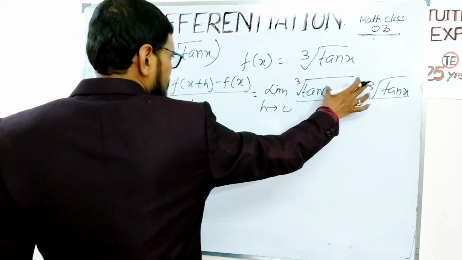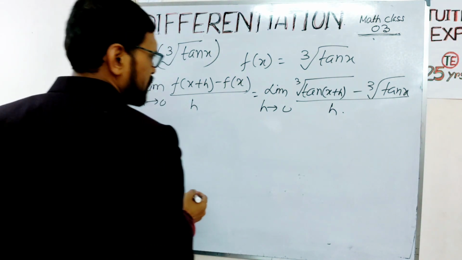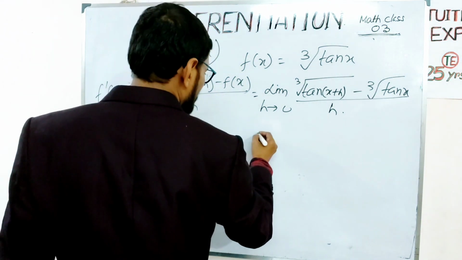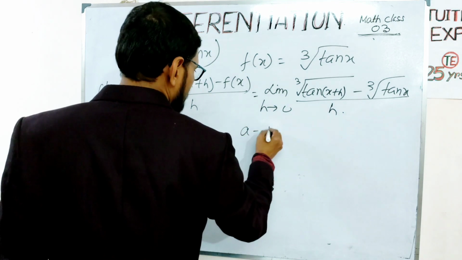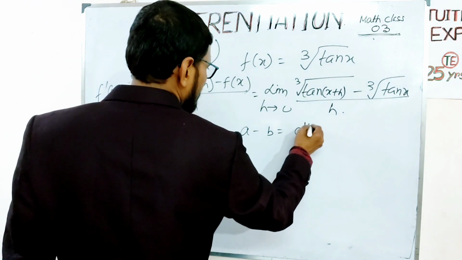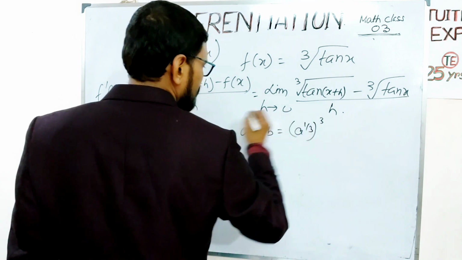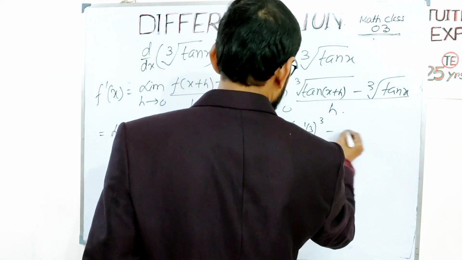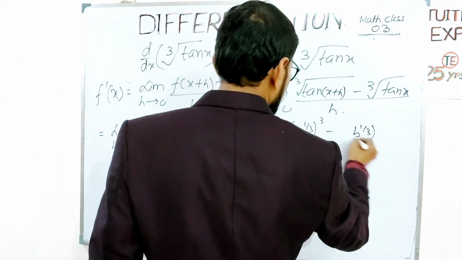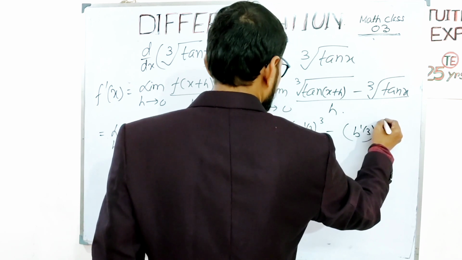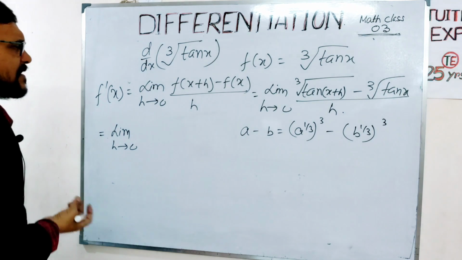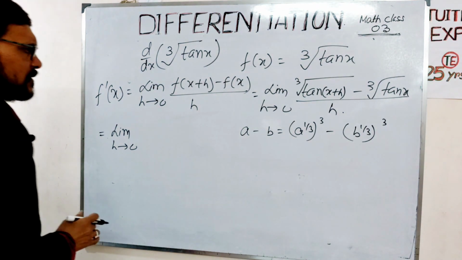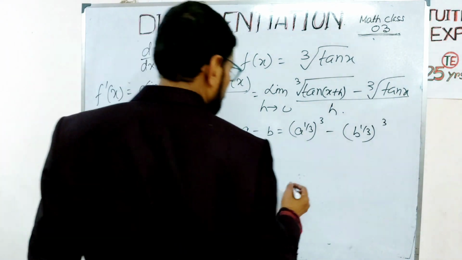We have to rationalize this term, because we know a minus b, where a to the power 1/3 whole cube minus b to the power 1/3 whole cube.